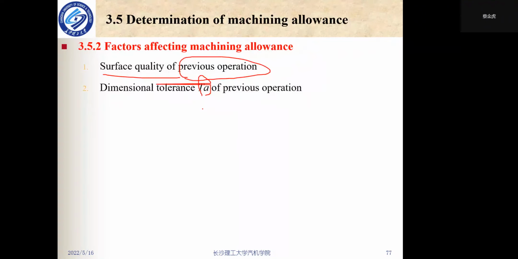The magnitude of TA can be found by looking up the relevant handbooks based on the economical machining accuracy.